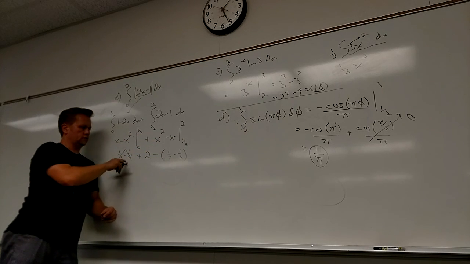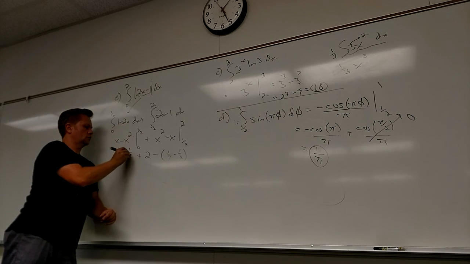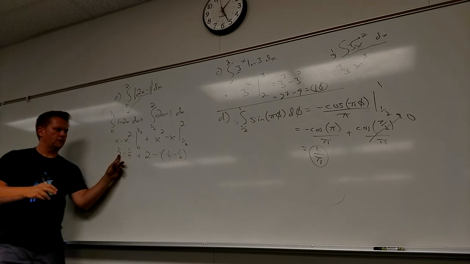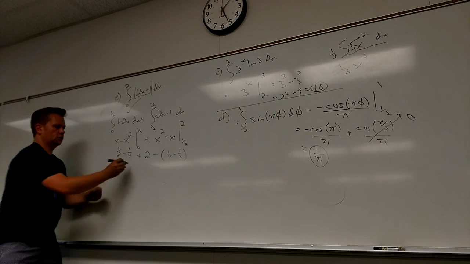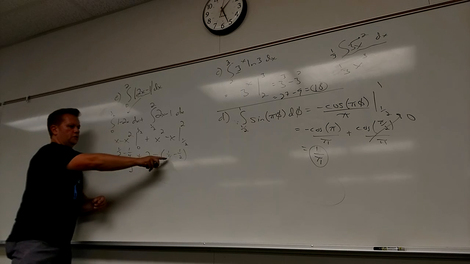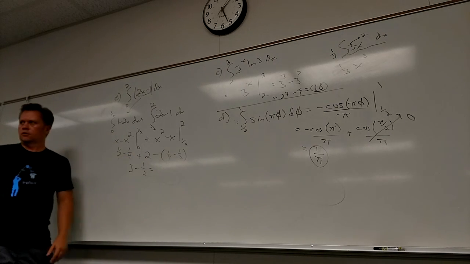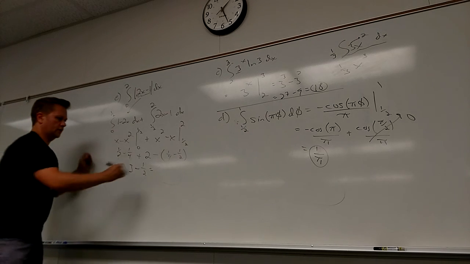So these don't cancel. Cool. So these actually, 1/2 and 1/2 makes 1, and 2 is 3. And then 1/4 and 1/4 makes minus 1/2. That's better. And then I get 5/2.